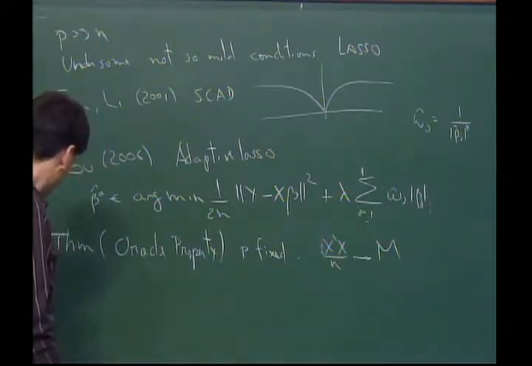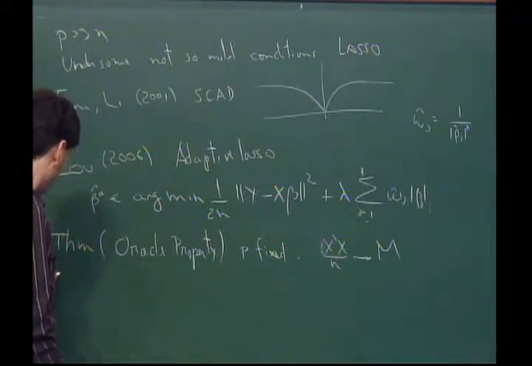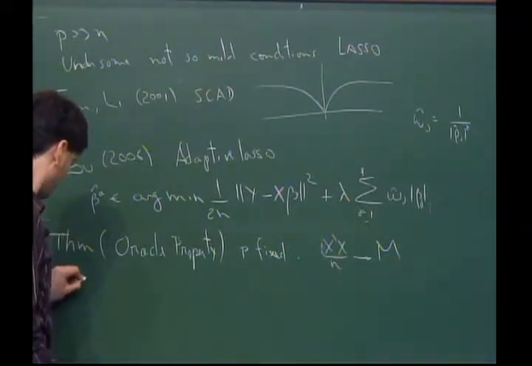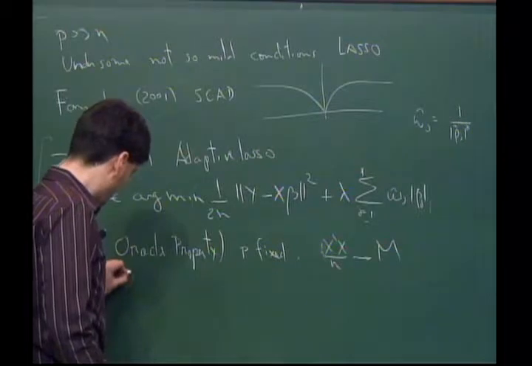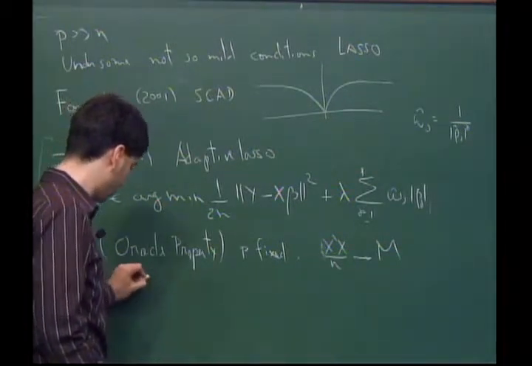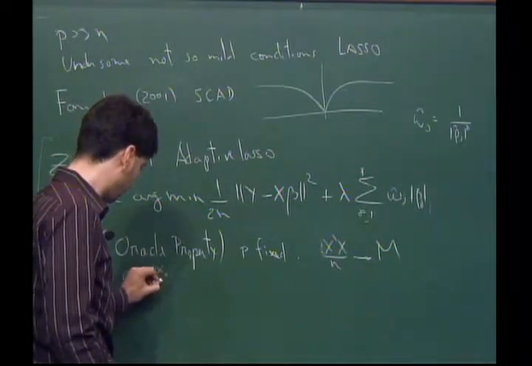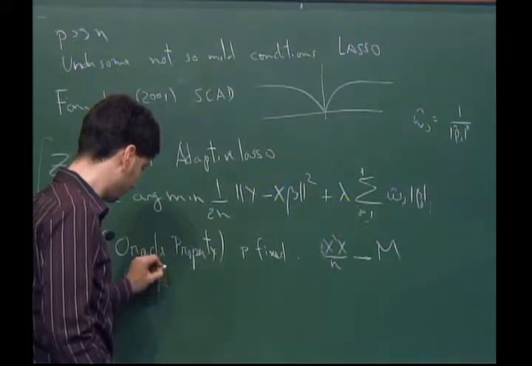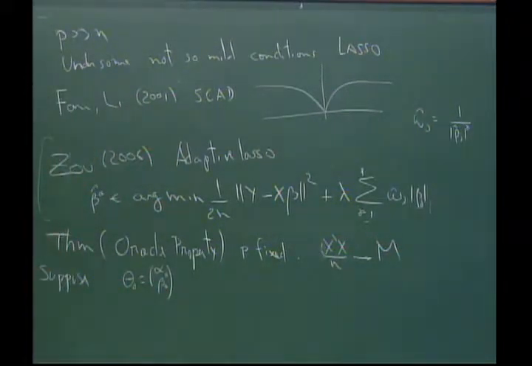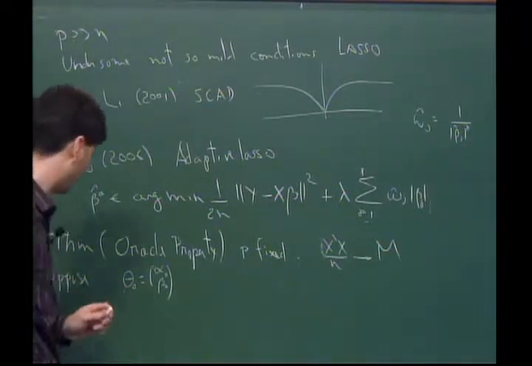And then I'll suppose the parameter theta naught, which is just alpha naught, beta naught. I'm just piling those two parameters into this theta naught to make my life a little bit easier.